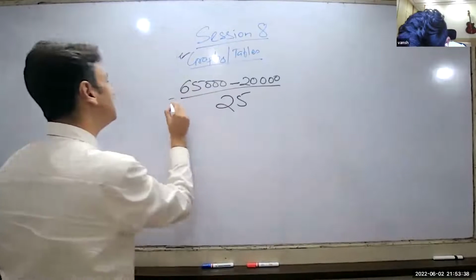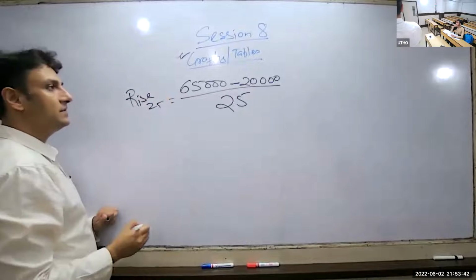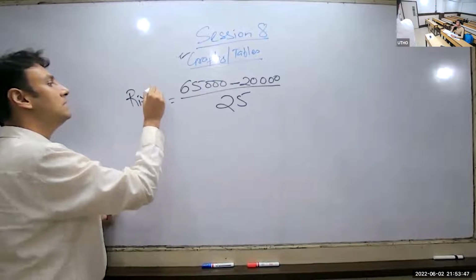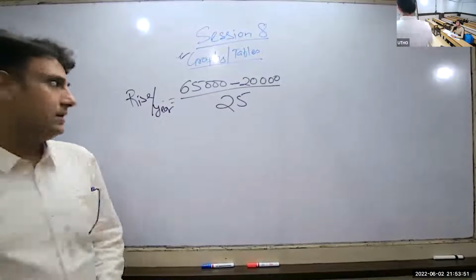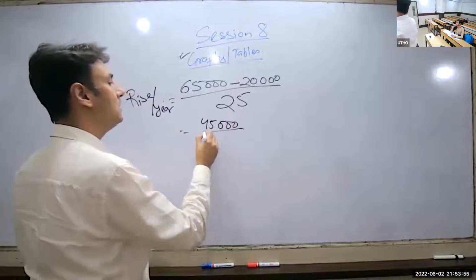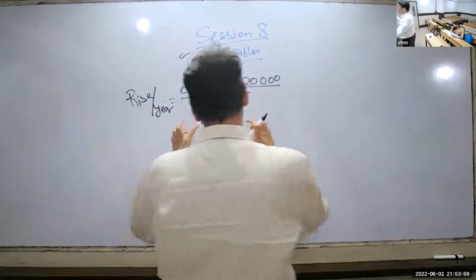So if this is the rise that somebody has got after working for 25 years, if I divide it by 25, can I say this is nothing but rise per year? Yes. Okay, so let's do this. So this comes down to $45,000 over 25. Yes, this is rise per year.